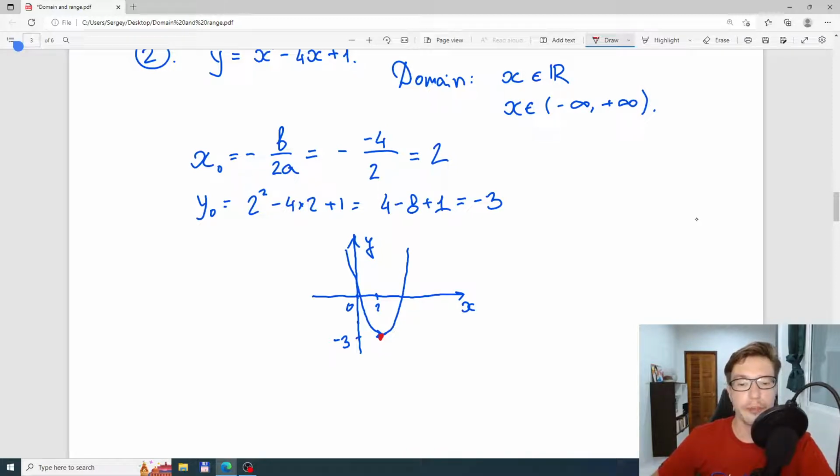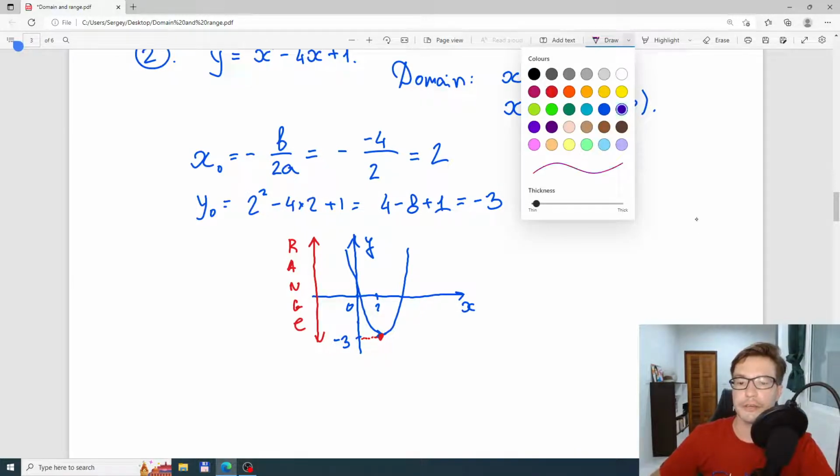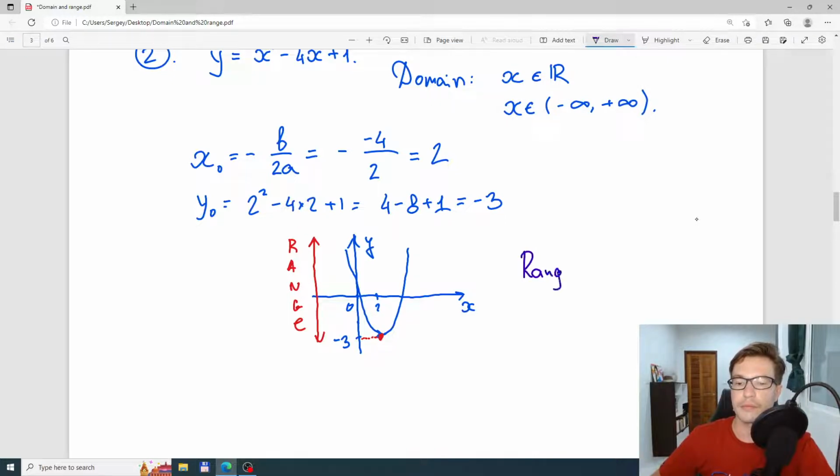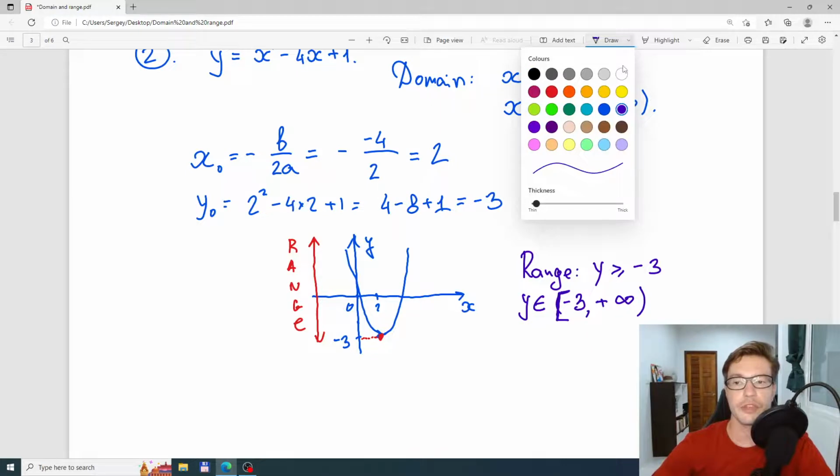So everything above minus 3 is going to be the range of the function. So the range is y is bigger or equal to negative 3. Or you could write it as y is from minus 3, should be the square bracket because we're including negative 3, to plus infinity. Let's move on to the next example.